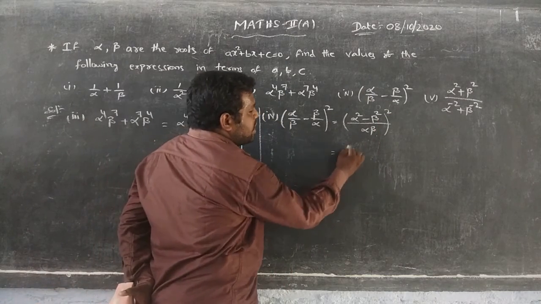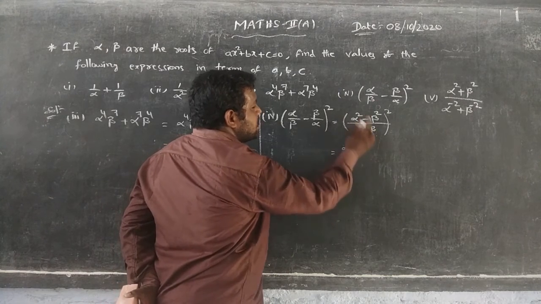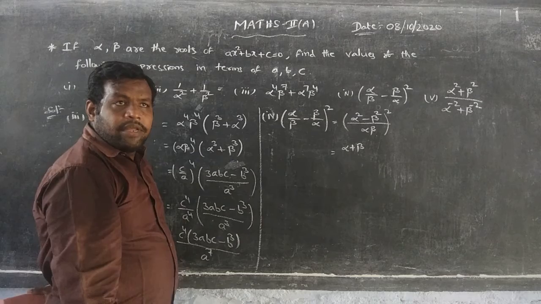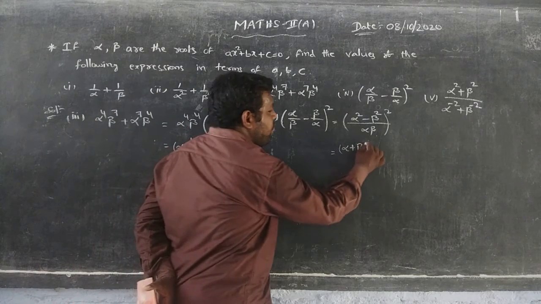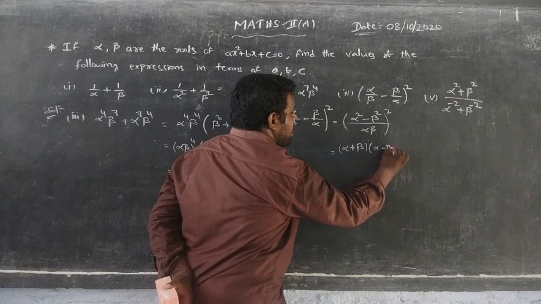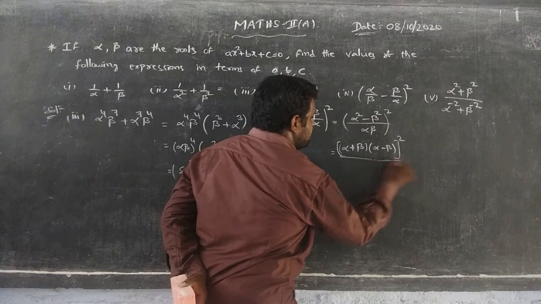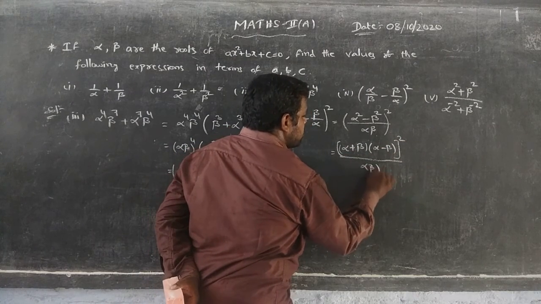Alpha square minus beta square is in the form a square minus b square, which can be written as a plus b of a minus b, whole square by alpha beta whole square.